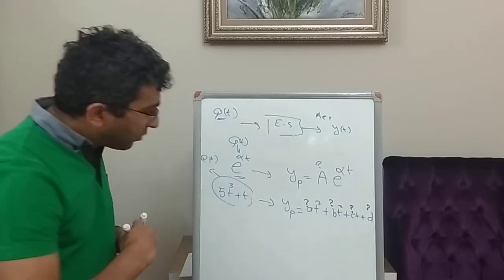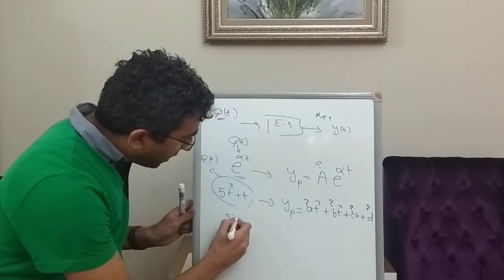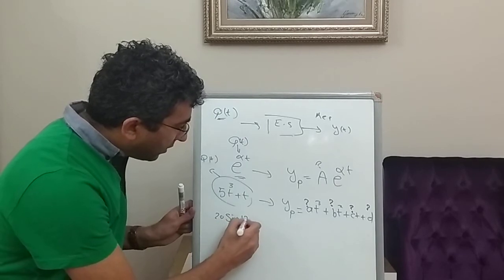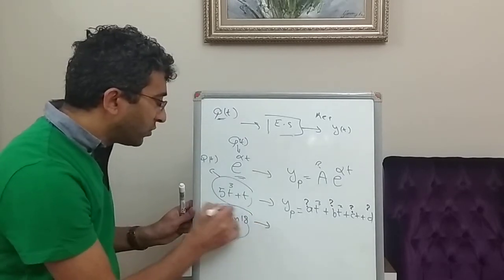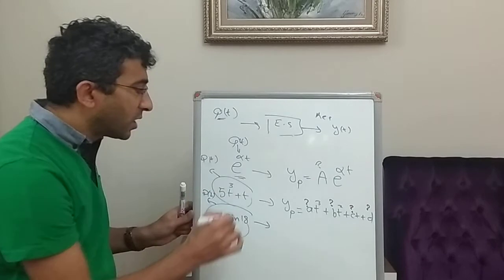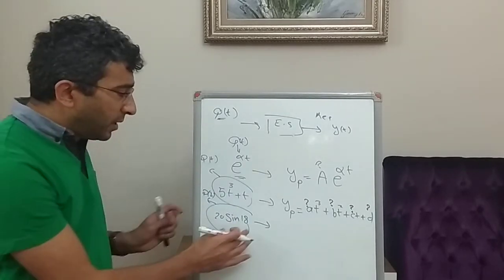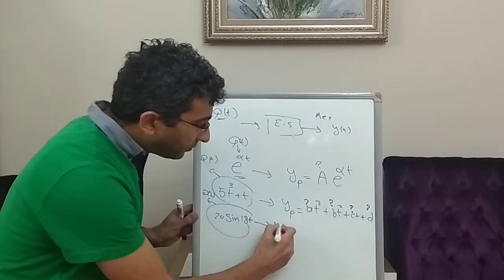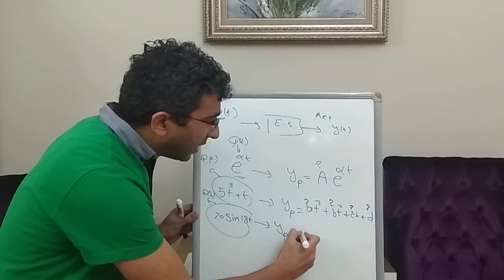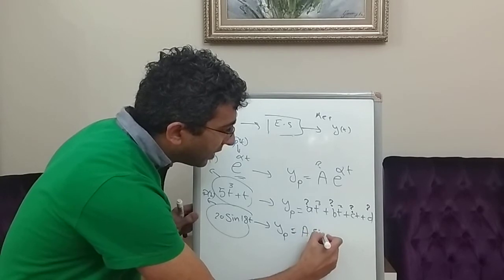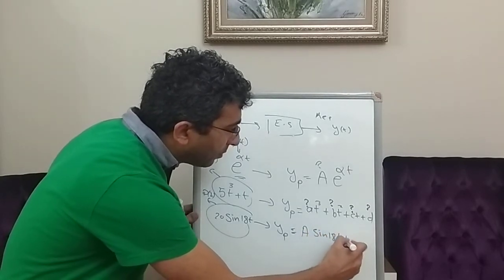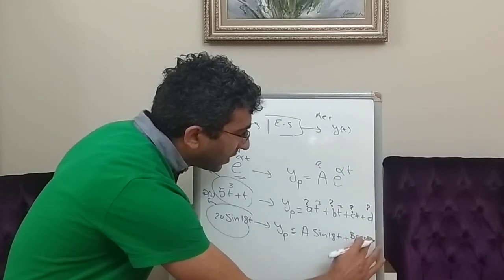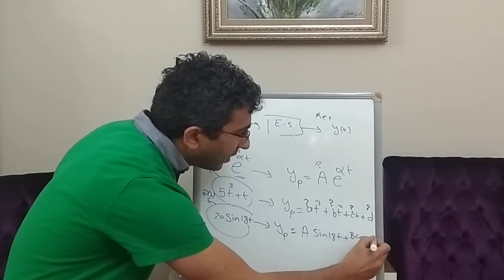If you have a sinusoidal function, for example, suppose that your q of t is 20 sine 18t, for example. That is a sinusoid. You should assume a function that has the same frequency of 18. So y particular is a sine 18t plus b cosine 18t.